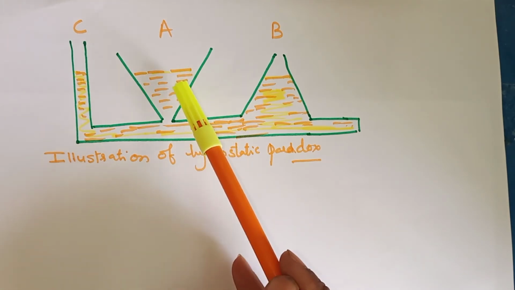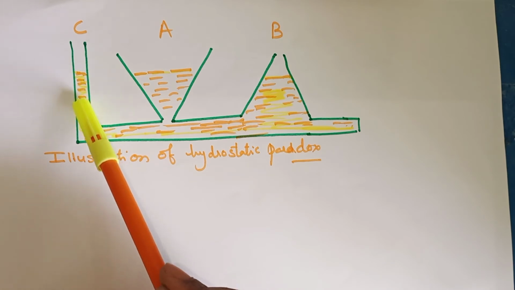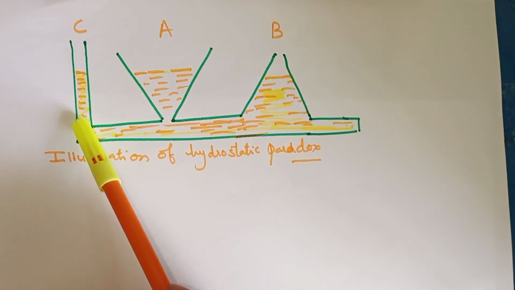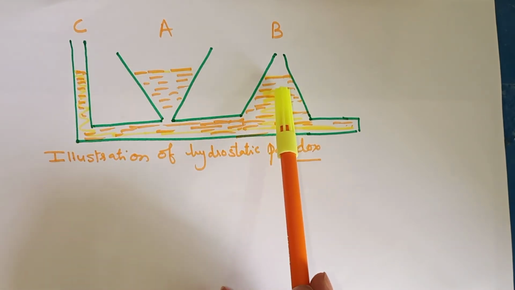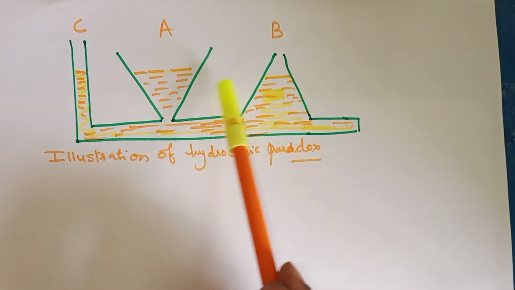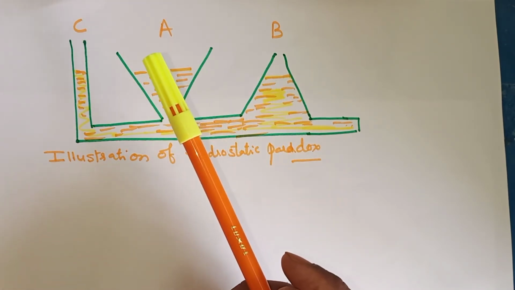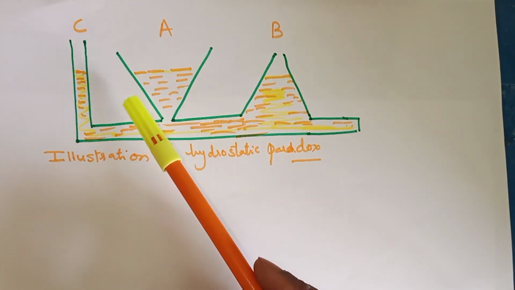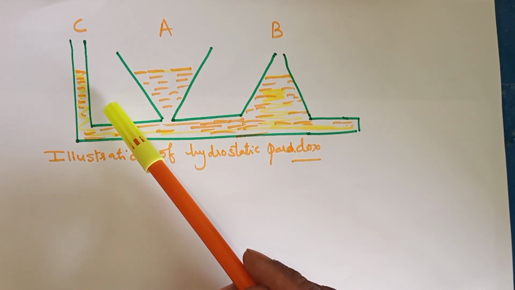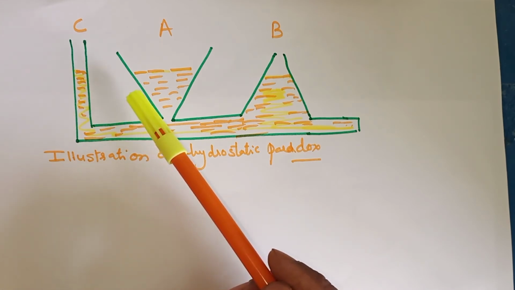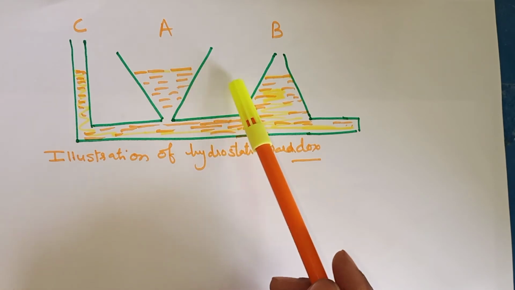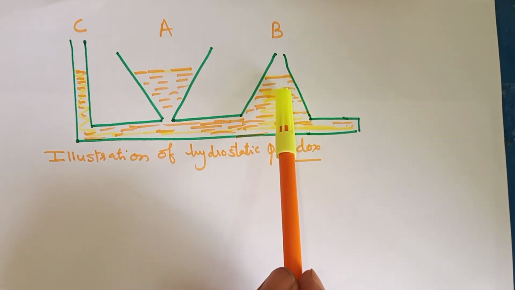Even though they hold different amounts of liquid, here obviously the amount is less, here more, they maintain the same pressure below each section of this vessel, right?